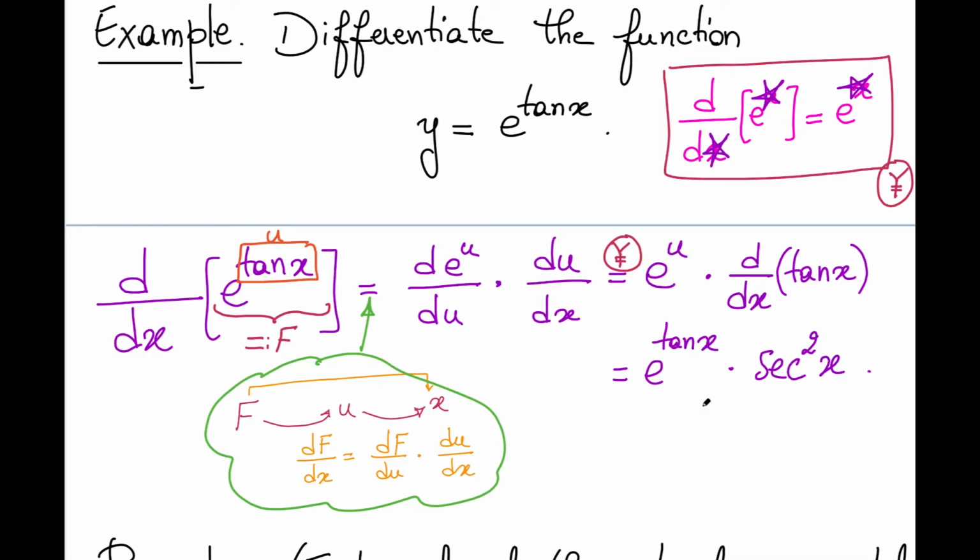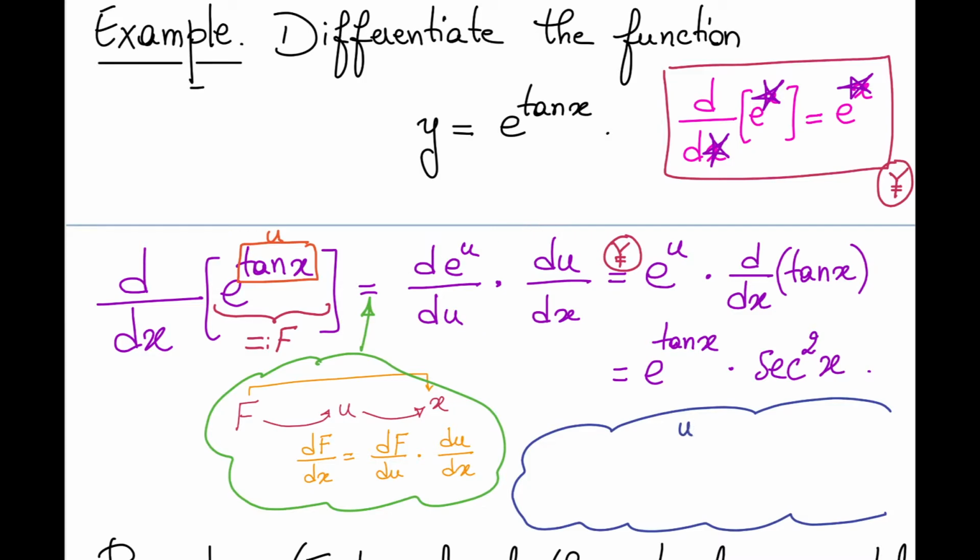Along the way, what did we discover? Along the way, we discovered a result. Let's box it here. So this result is already discovered. It's a combination between this formula and the chain rule.